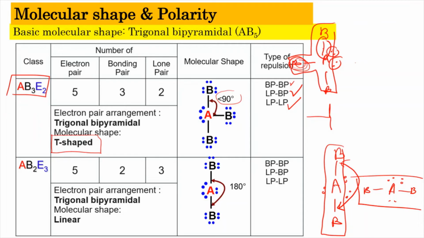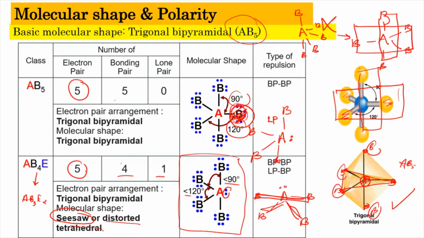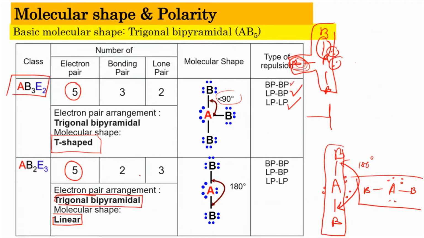Okay, and it has the angle of 180 degrees because there's no bonding pair here. And as a result, the molecular shape here is known as linear, but the electron pair arrangement is still named as trigonal bipyramidal because it has 5 electron pairs, which is the original name. But because of the presence of the lone pair, it's going to become linear according to its number here.